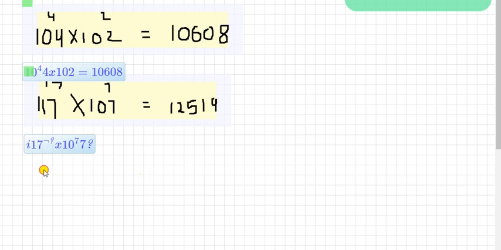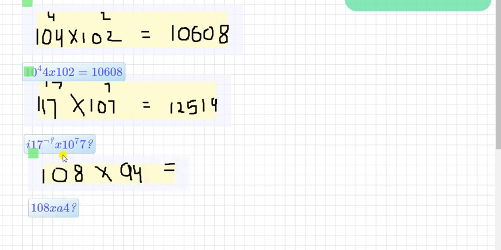Next I will take one more number, 108 multiplied with 94. Here 108 minus 100 is plus 8, and 94 minus 100 is minus 6.